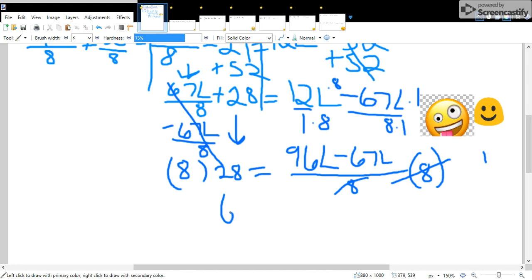And then we have 96L minus 67L is 29L. From here, we'll just divide both sides by 29. Both sides of that equal sign.